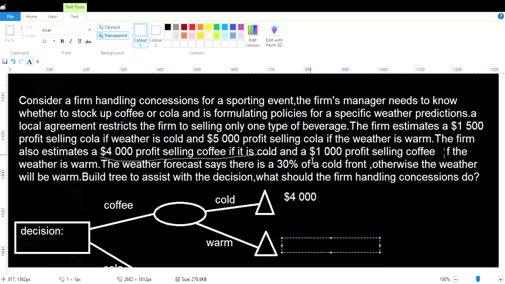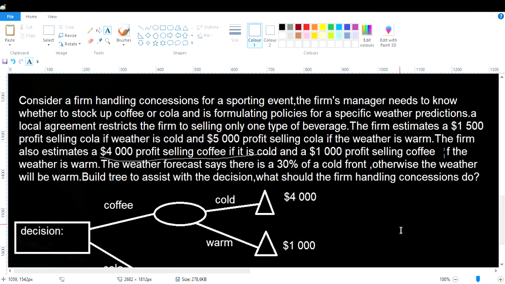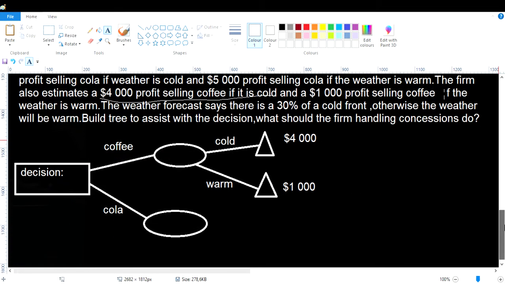And $1,000 profit selling coffee if the weather is warm. If the weather is warm, the firm is going to make $1,000. Okay.